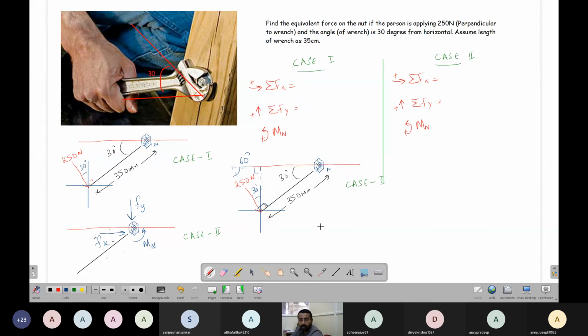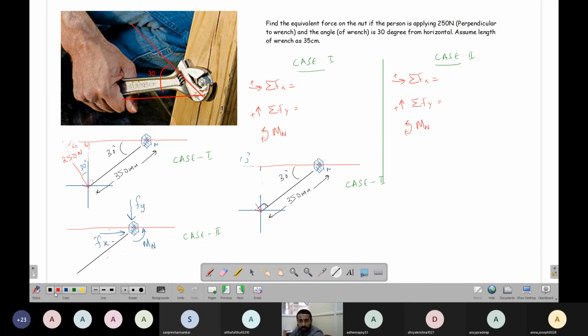Right. Now I am going to replace this. Okay, so this now I will convert to two forces, one vertical and one horizontal.